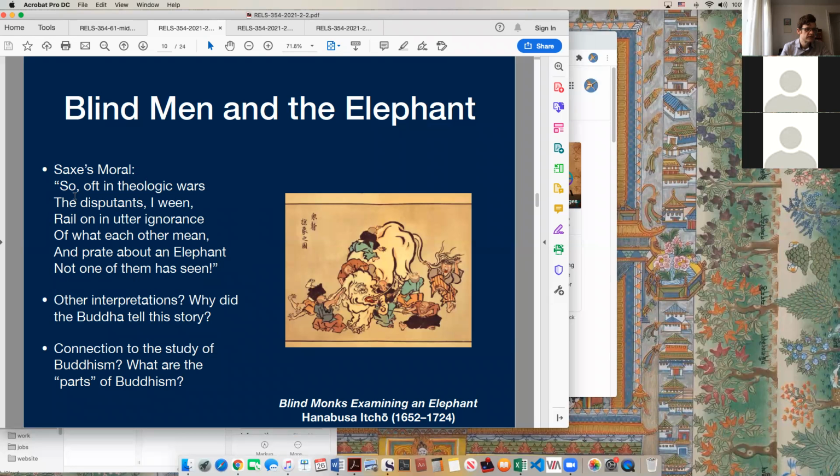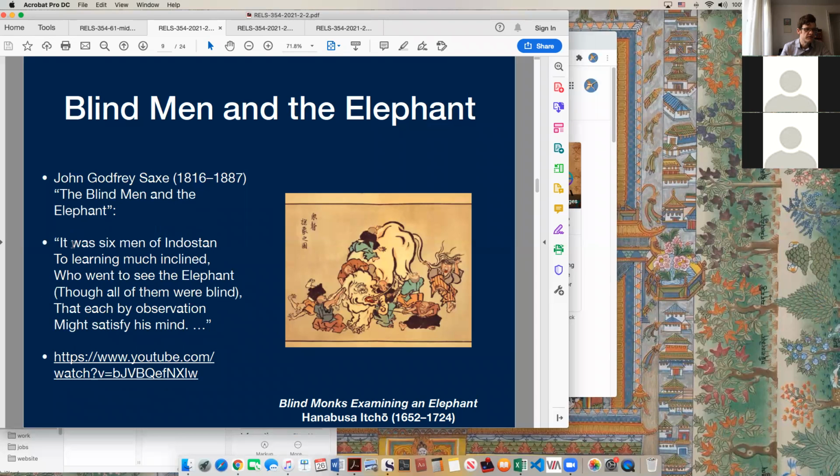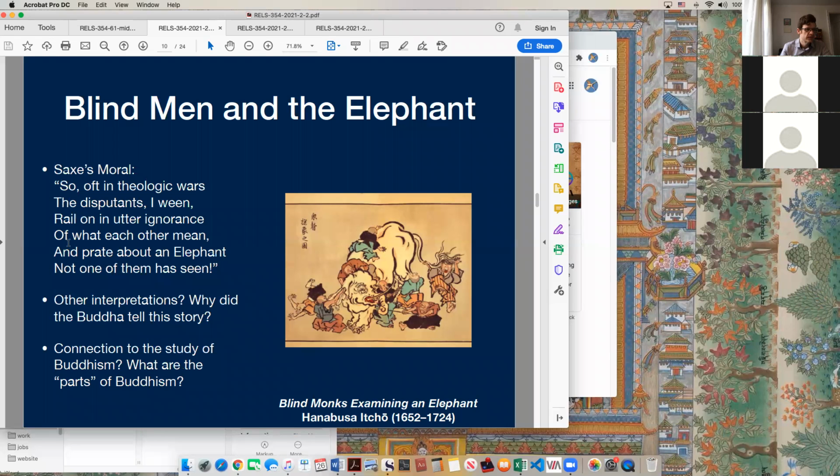So then we listened to this British guy retell the story, and this was his conclusion. He says, so oft in theologic wars, the disputants I ween rail on in utter ignorance of what each other mean, and prate about an elephant not one of them has seen. So let's say you, me, and Steven encounter an elephant. I touch the tail and I say, oh, the elephant is very much like a rope.